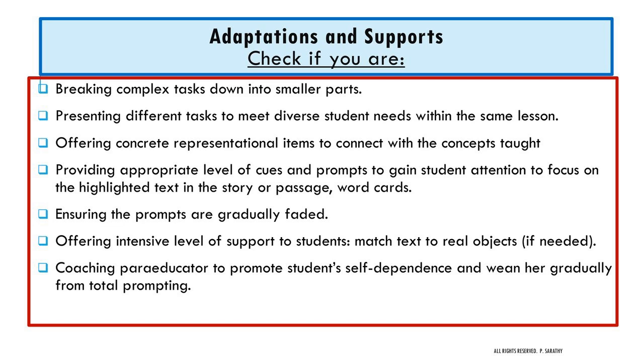So in a kind of even problem-solving question, here you may limit it to some very literal choice-making type of questions and provide just a sufficient amount of cues and prompts without completely doing the task for the student. Highlighting the text, attaching an object to the text. Make sure that the prompts are gradually faded.